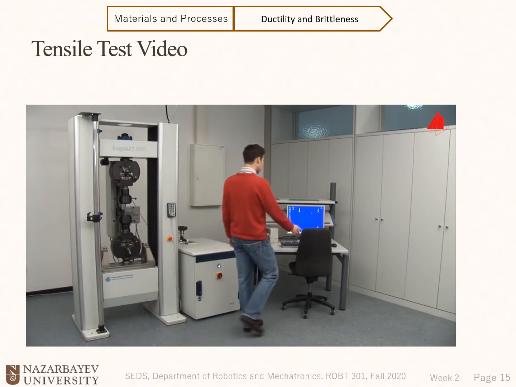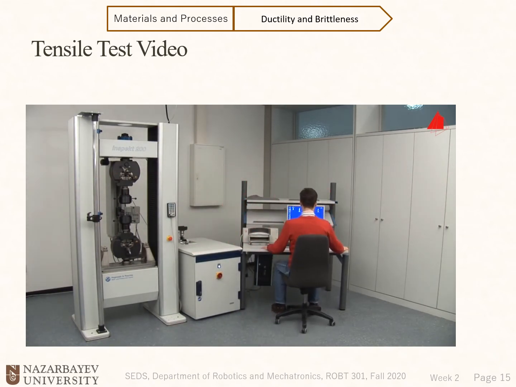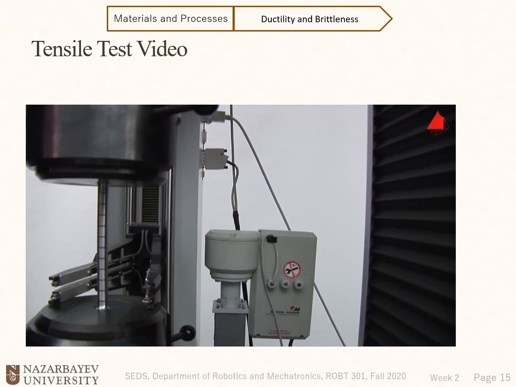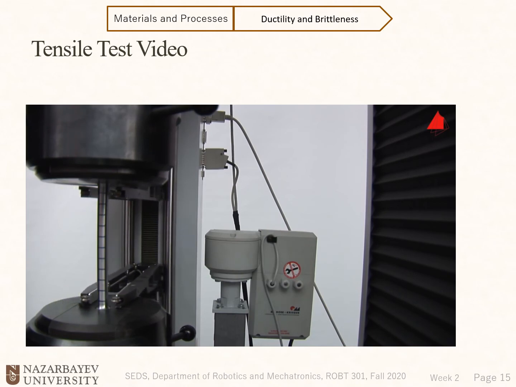Then he selects all necessary testing parameters on the control computer. Ready. The test starts and the extensometer's sensor arms are carefully pressed onto the test piece. This way, the gauge length can be measured throughout the whole tensile test.